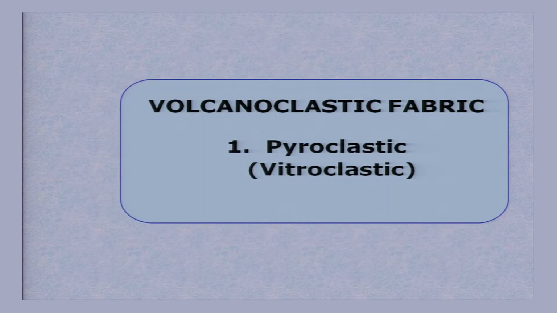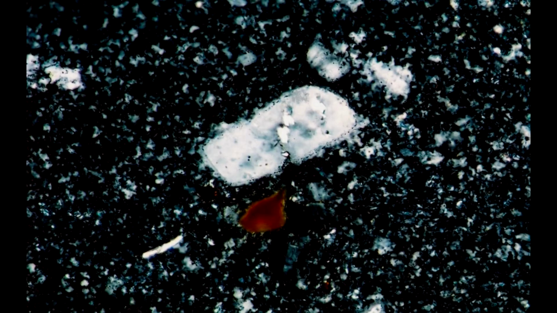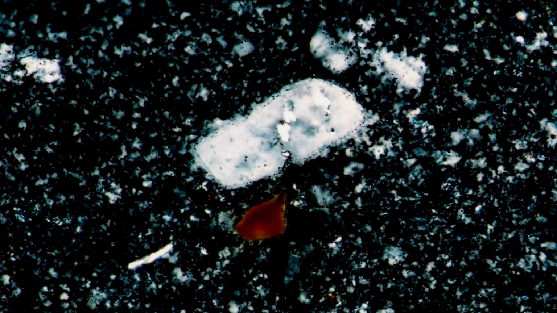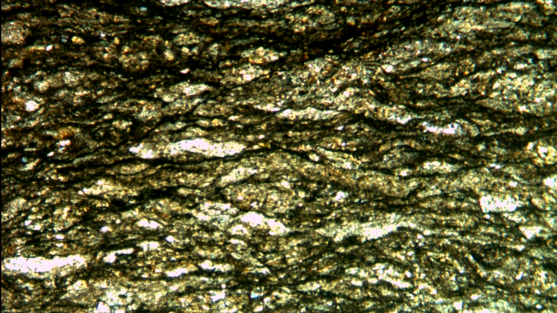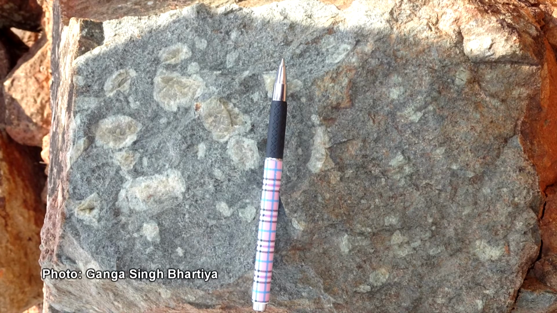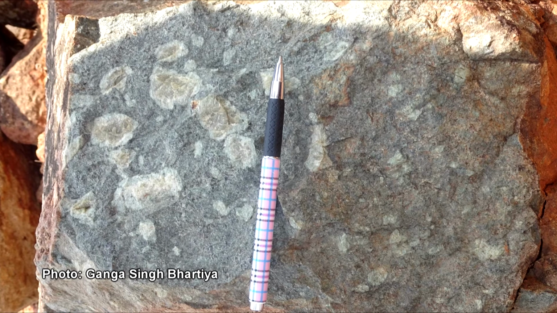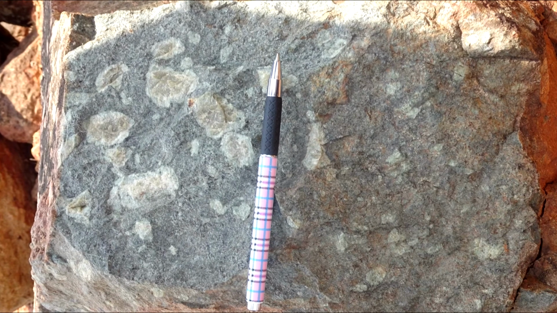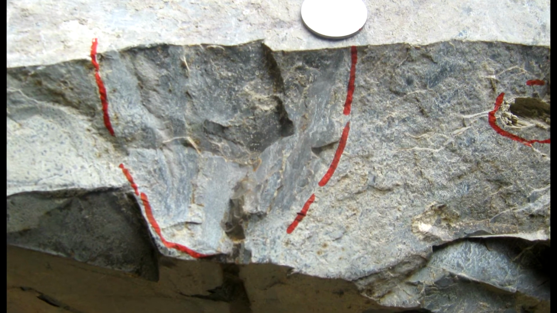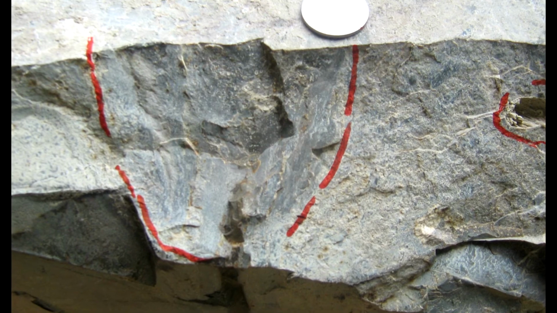Then volcaniclastic fabric; these fabrics are very important when you are discussing volcanic terrain. The pyroclastic or vitroclastic: pyro means fire, heat, and clastic means fragments. So, because of heat, the rock has been formed into small clastic particles or pieces, and the texture developed is called pyroclastic texture.